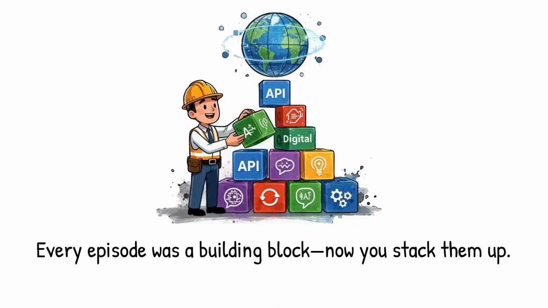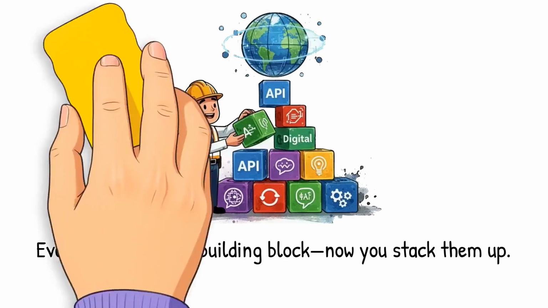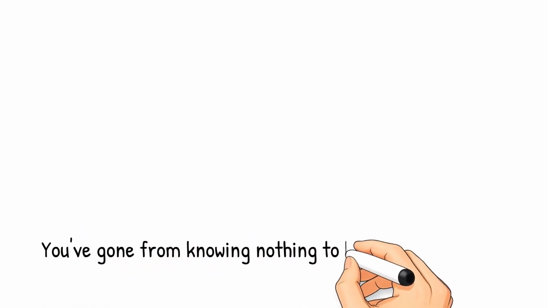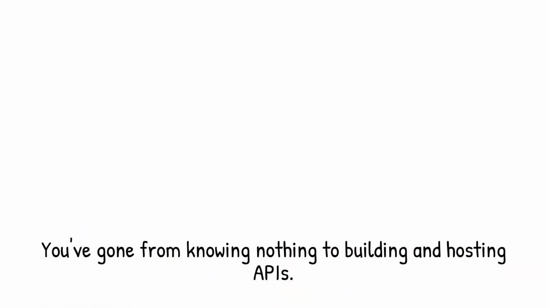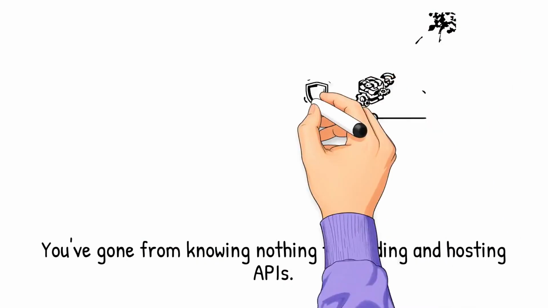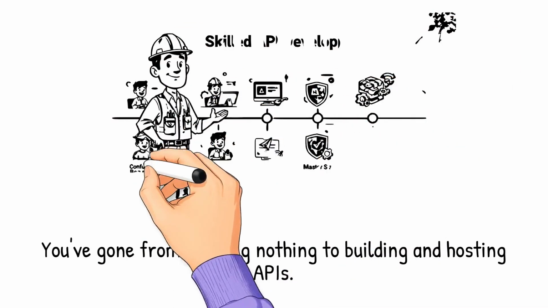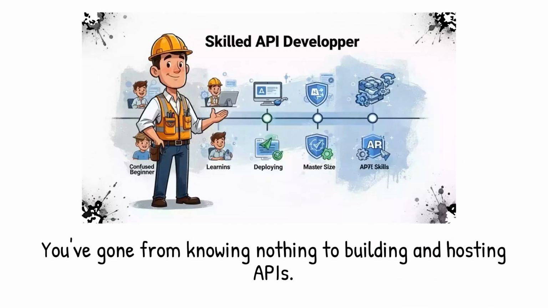And now, on the very last episode, you're stacking all of them together to build something real, something yours, something the whole world can reach. You started this series not knowing what the letters API even stood for. And now you can build one, host it, secure it, and design it well. In the next part, let's take a moment to look back at just how far you've actually come.